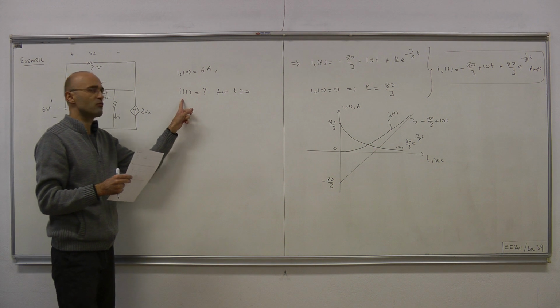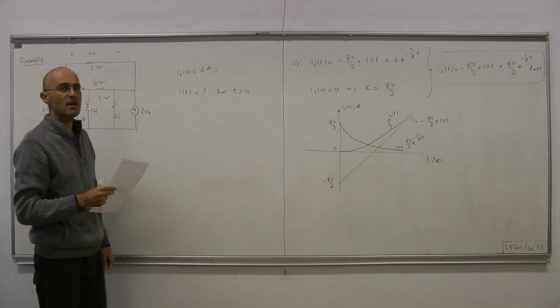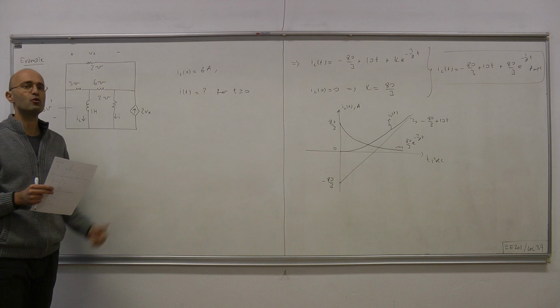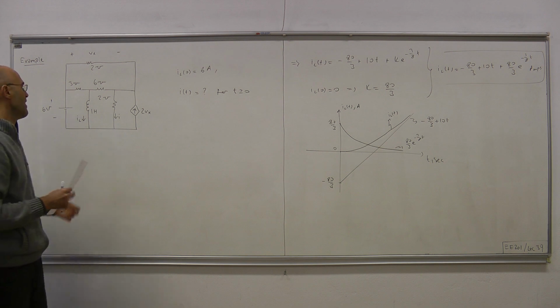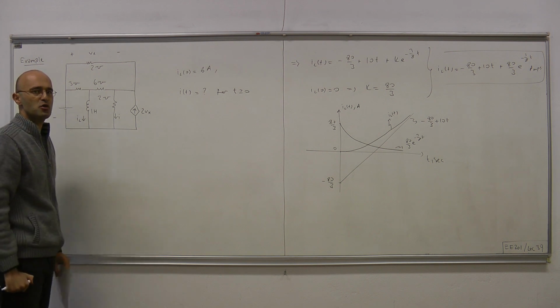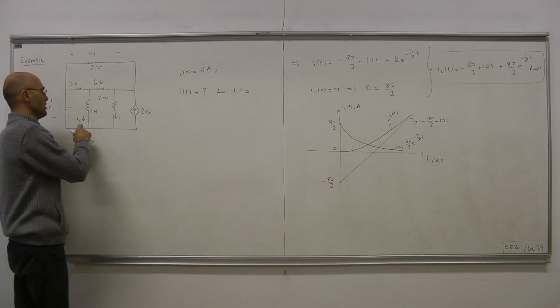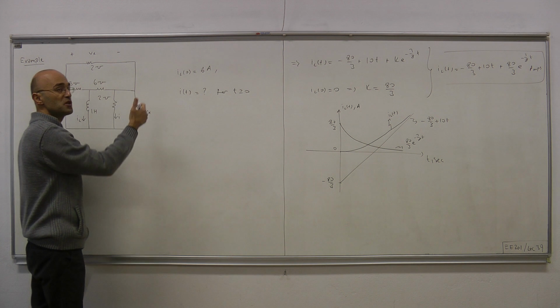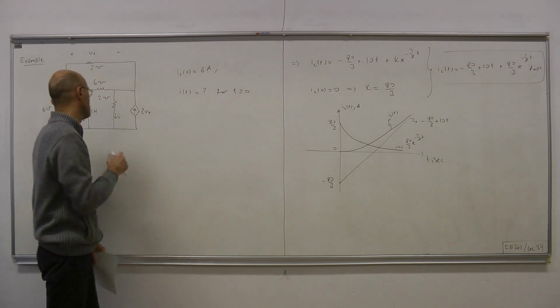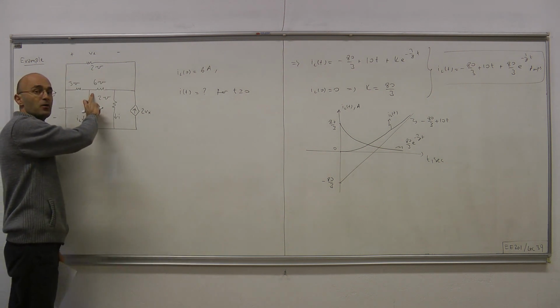But we don't ask for IL(t), we ask for something else. So we have to return to our original topology, and we can do that using the substitution theorem in the following sense. Once we know IL(t), that means we know this current. Also, using the terminal equation of the inductor, we know the voltage across its terminals.